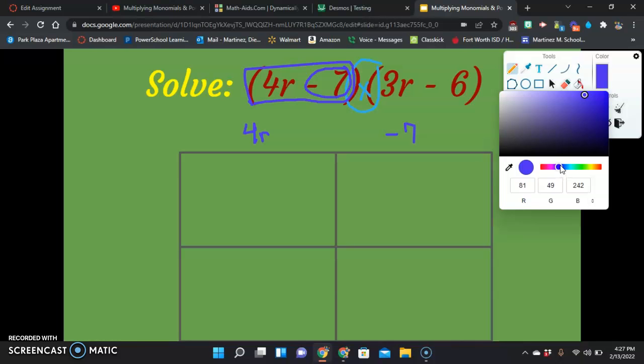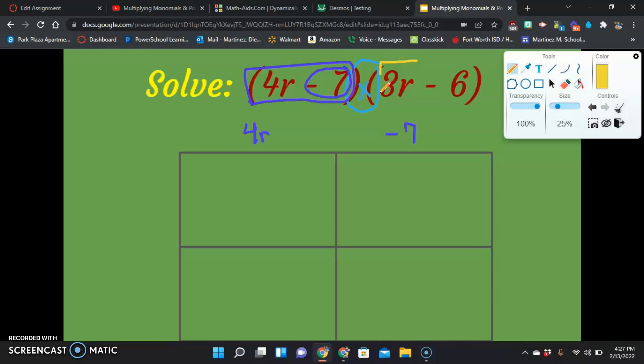Now, we're going to do the other one. Here we have 3r minus 6. Remember, any symbol in front of a number means that it's either negative or positive, and we're going to write that to the side. So we have 3r minus 6.